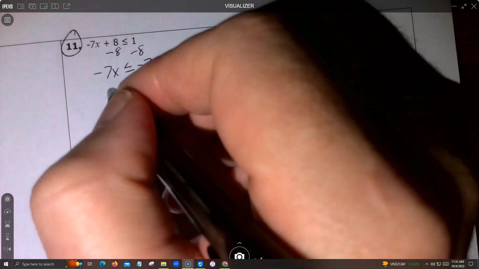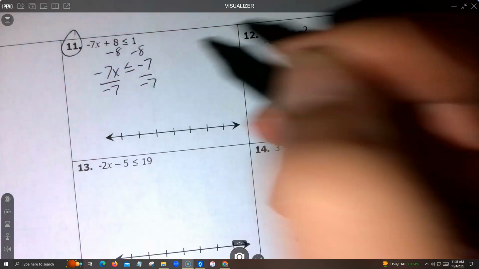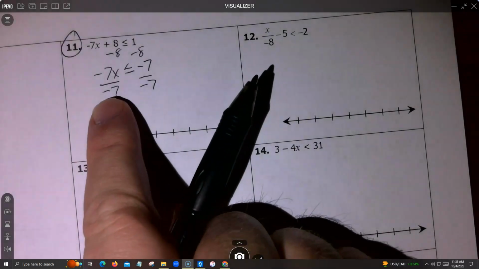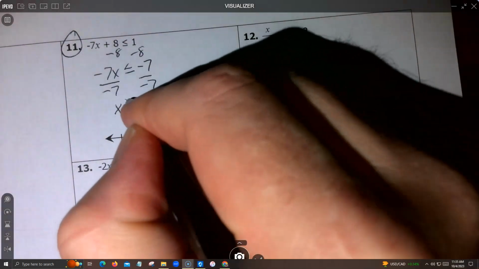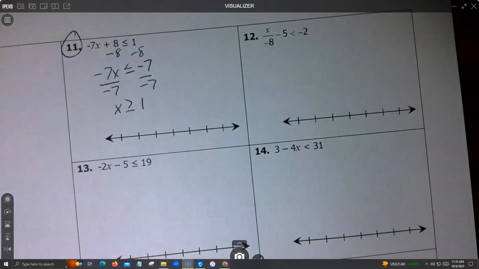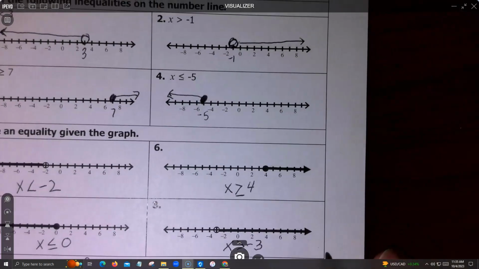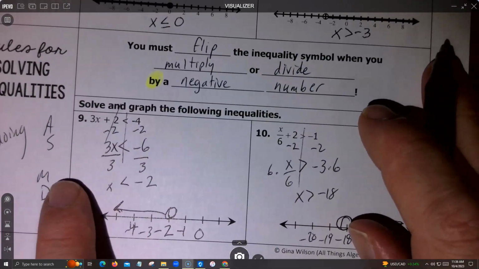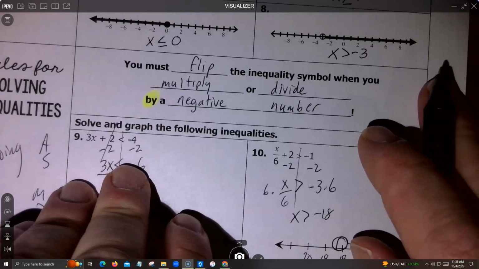Again, now when I go to divide, notice I'm dividing by a negative. When I'm dividing by a negative, my symbol is going to change direction. Only when I divide by a negative. See how here I was dividing by a positive number, so my symbol stayed the same.